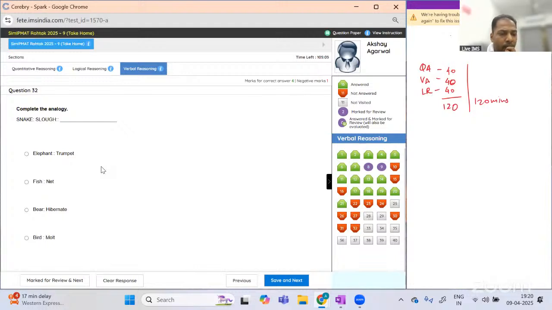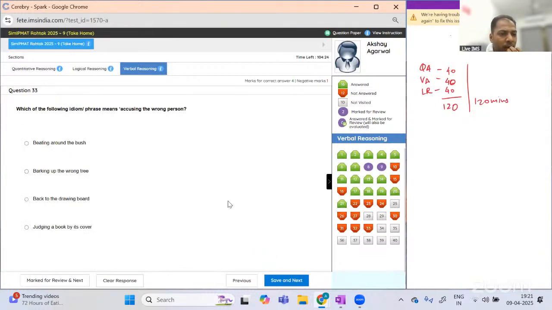And I'm not sure what this slough means. But if fish and net, does this mean the sound or no? I'll pass this. Which of the following means accusing the wrong person?